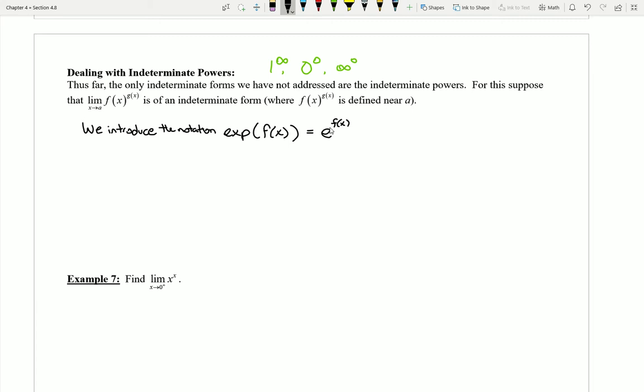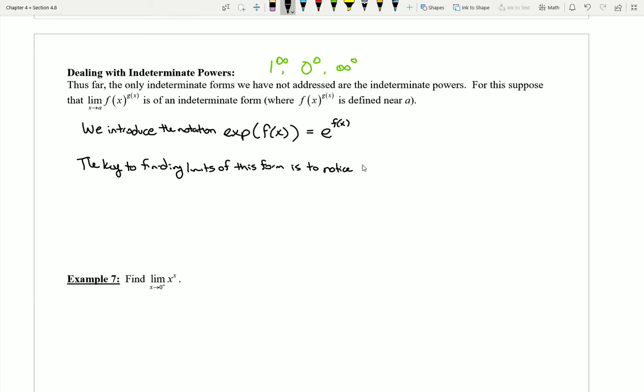So I'll start by noting that the key to finding limits of this form, that is, when I have an indeterminate power, a function raised to the power of another function, is to notice the following.